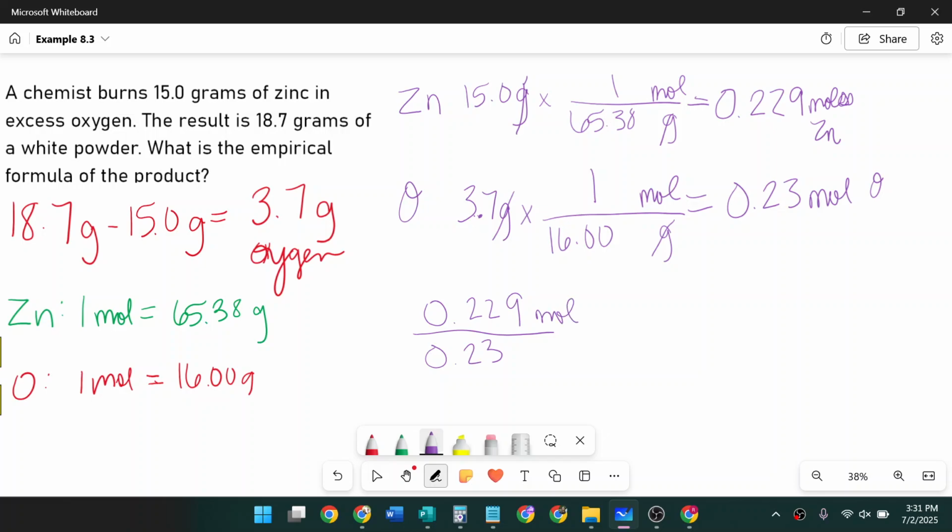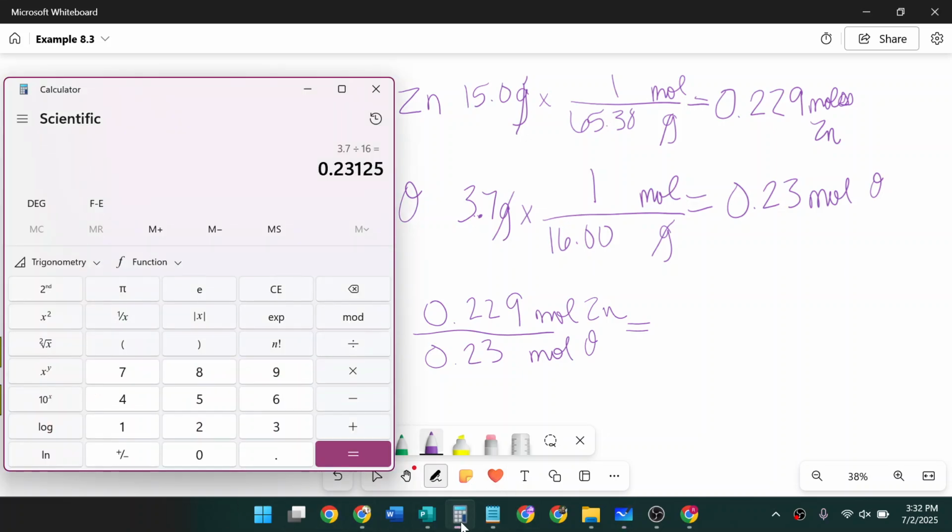So this is moles of zinc, and this is moles of oxygen. And we're going to see what that relationship is, or what that ratio of zinc atoms to oxygen atoms is. And whatever answer we get, we have to keep it to just 2 significant digits.